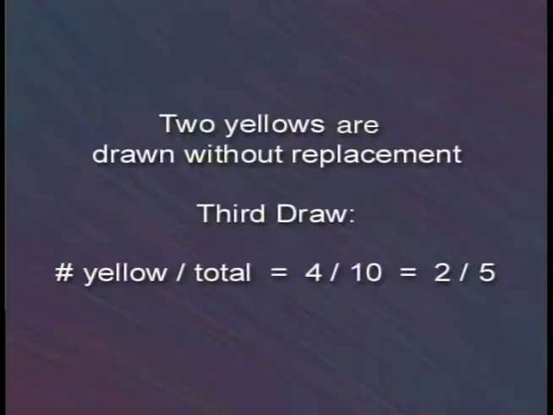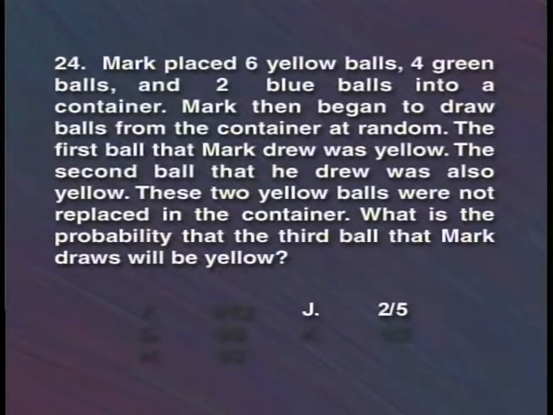So, on the next draw, there are only 4 yellow balls left, and there are only 10 balls left. Thus, the probability of drawing a yellow ball would be 4 divided by 10, or reduced to 2/5. The correct answer is J.